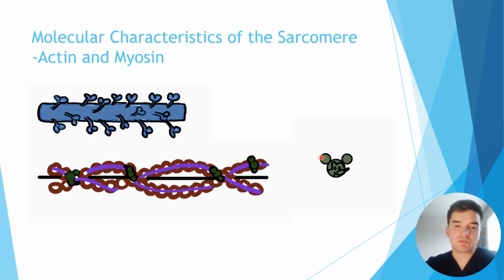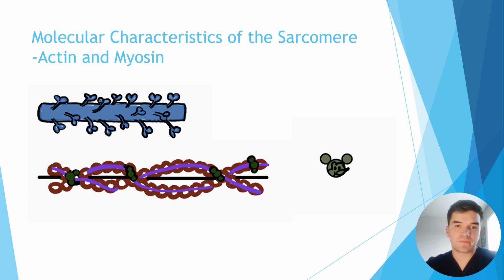When calcium binds and myosin will bind to the active sites on G-actin, a conformational shift will happen here that causes tropomyosin connected to troponin T to shift and allow these myosin heads to connect.